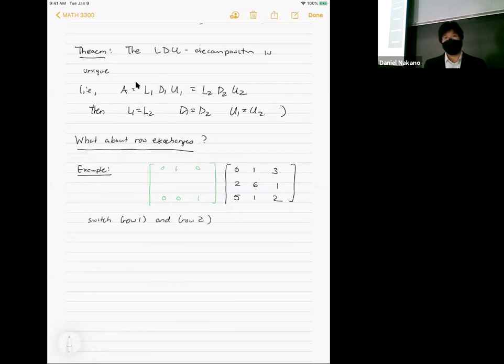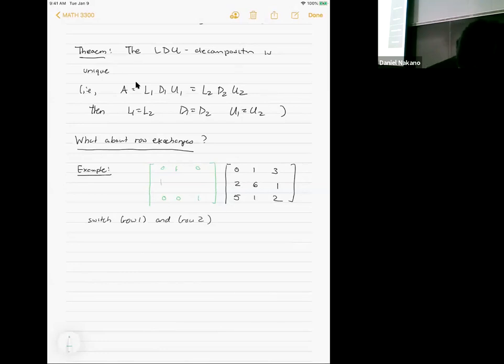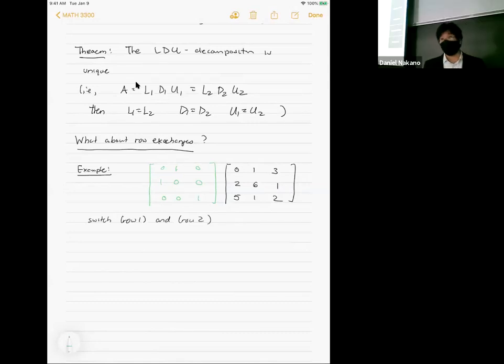So what should I put in the second row of the green matrix? 1, 0, 0. Good. And this is called a permutation matrix. It's just the identity matrix where you've permuted a certain number of rows. So this thing is called a permutation matrix.